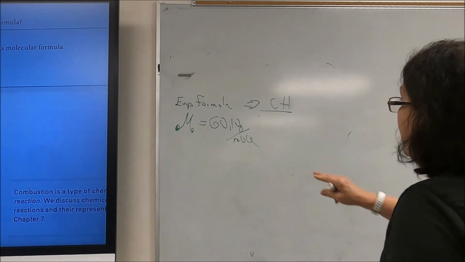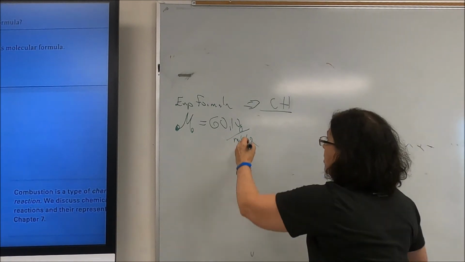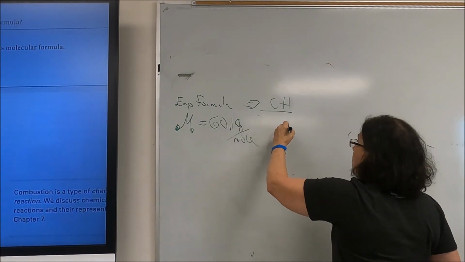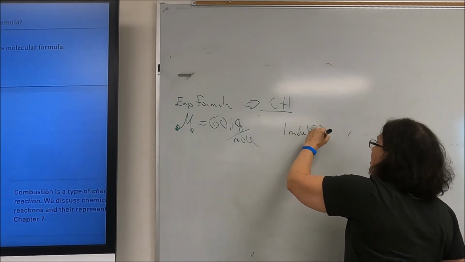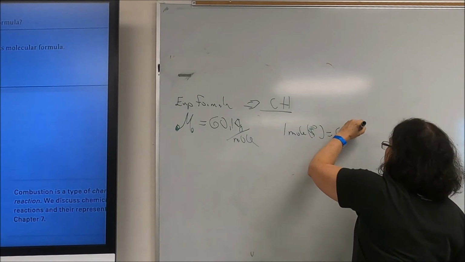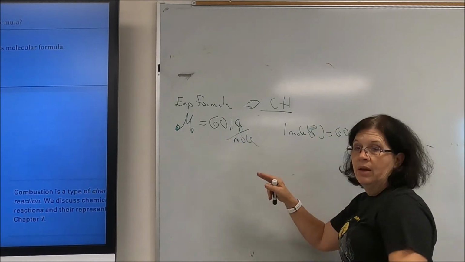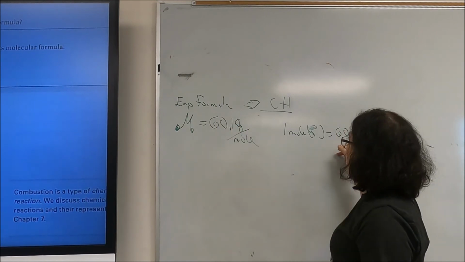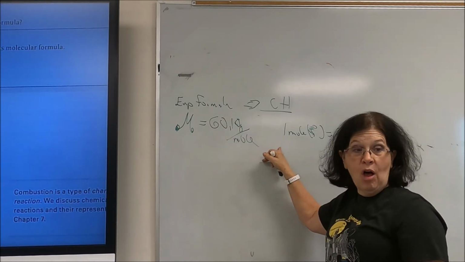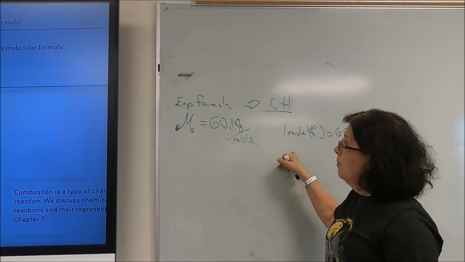Okay? Now, this is one way to write the molar mass. You've been seeing me write it like this: 1 mole of whatever this is has a mass of 60.10 grams. This is just another way to write it, in fractional form instead of the long, these-things-equal form.